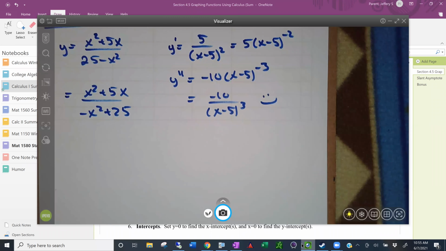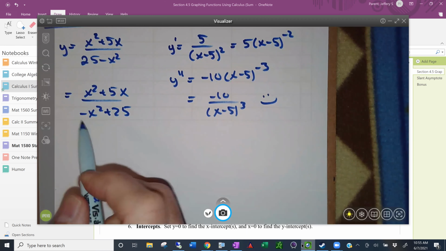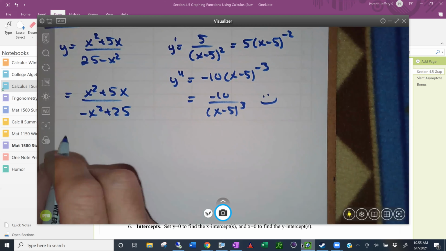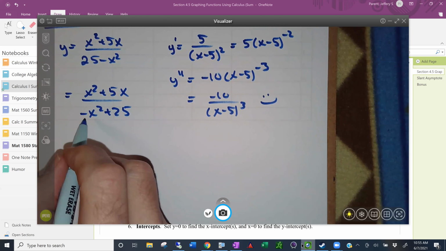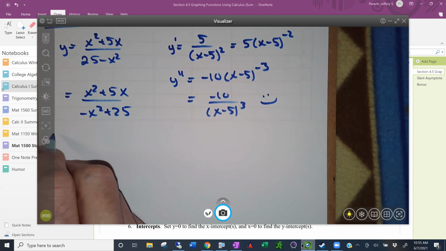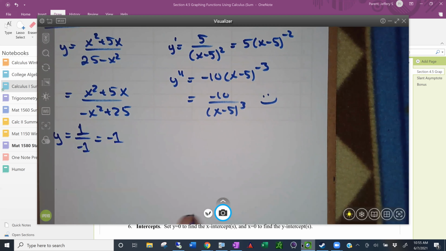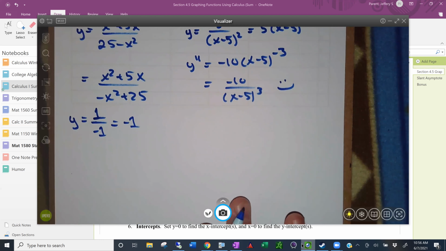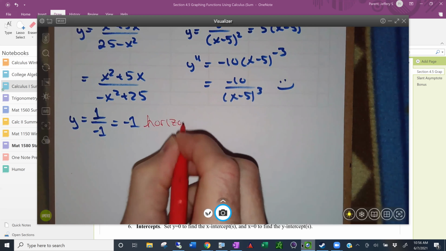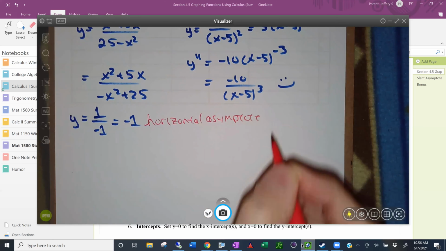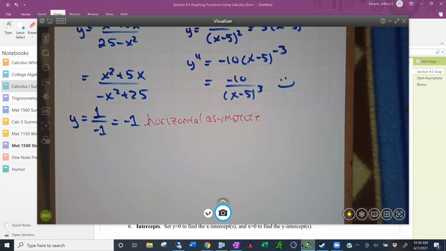So what does that mean for us? That means that the leading coefficient in the numerator is 1, and the leading coefficient in the denominator is -1, that we get y equals 1 over -1, or basically just -1. That's going to be an asymptote for the graph. It's going to be a horizontal asymptote. That's an important feature for this graph. You should know that one.